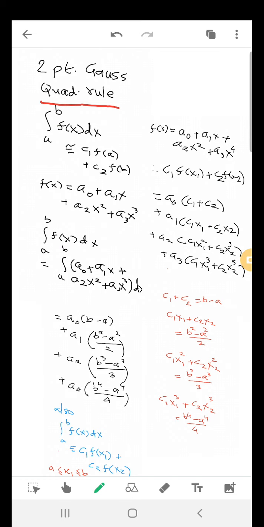What we will do in the two-point Gauss quadrature rule is first assume a third order polynomial. As you can see, we assume that f(x) is equal to a third order polynomial, and if we put the values of this f(x) into the equation and simplify, we come up with this expression.